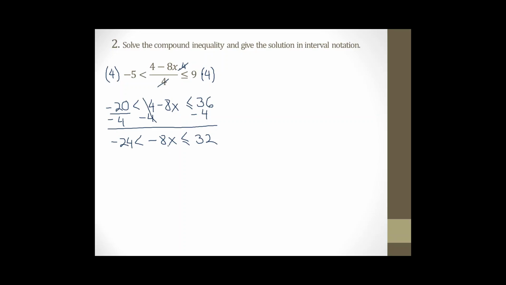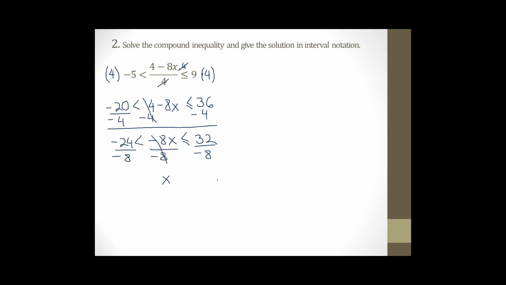Okay, now dividing by negative 8 to get x by itself on each side. So in the middle now x is by itself, and I want to ask the audience, because with inequalities there is like this little additional rule.